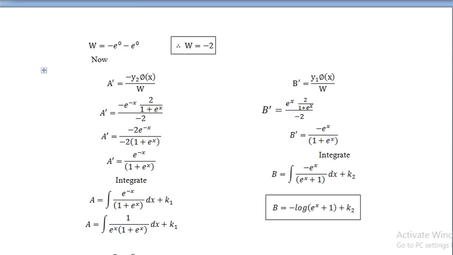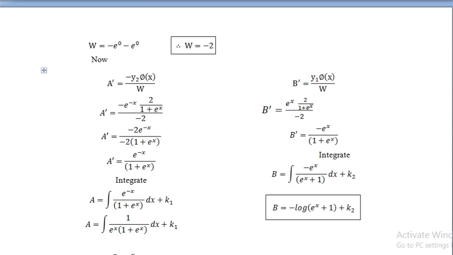And similarly b dash is y1 times phi of x by W. y1 is e raised to x, phi of x is 2 divided by 1 plus e raised to x, divided by minus 2. So 2 gets cancelled out, minus e to the power x by 1 plus e to the power x. Then integrate.